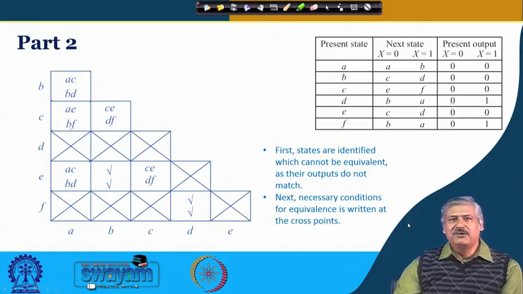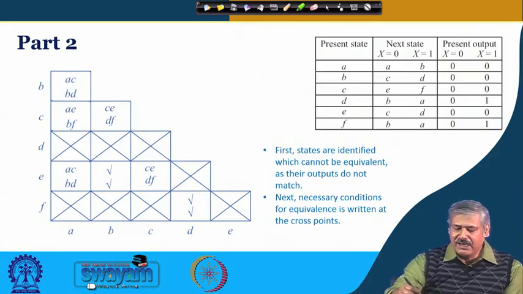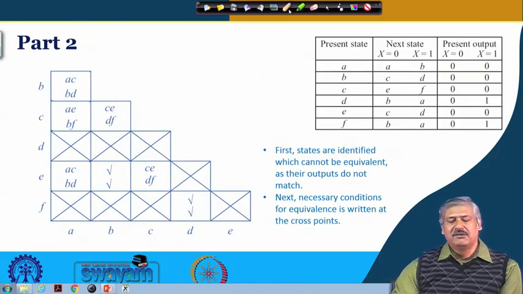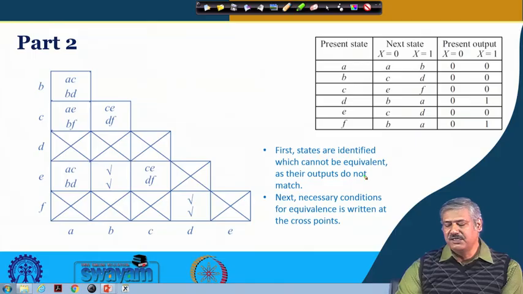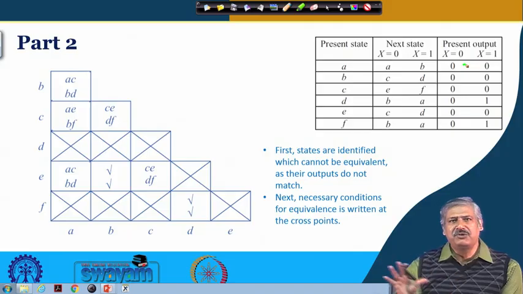Now at every cross point we shall be writing the condition for equivalence. First we identify the states which cannot be equivalent as their outputs are not equivalent. We know the equivalence relationship, right? You can see that these are the outputs. The next state part we shall take later.